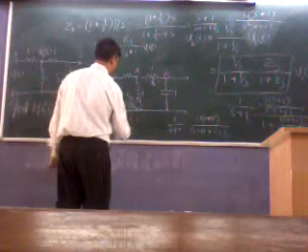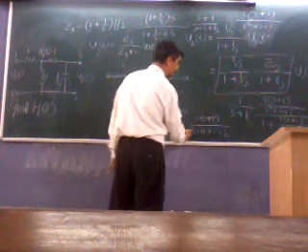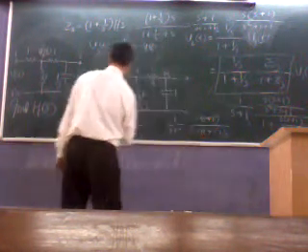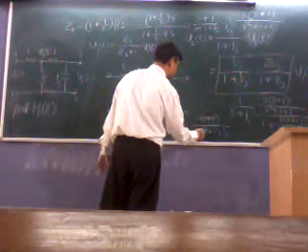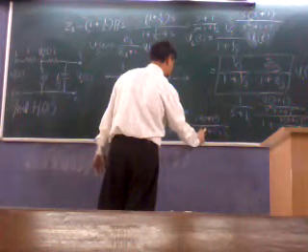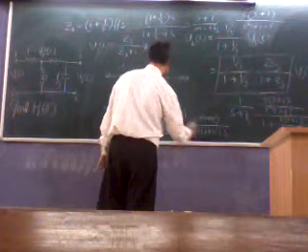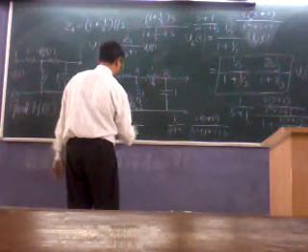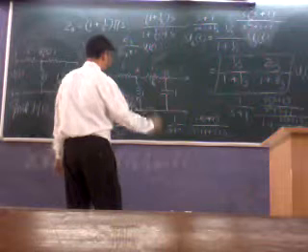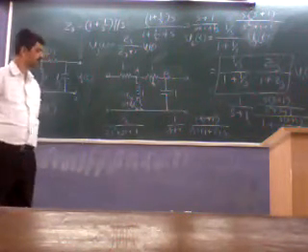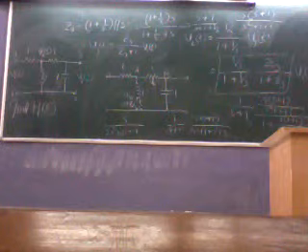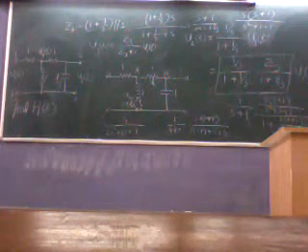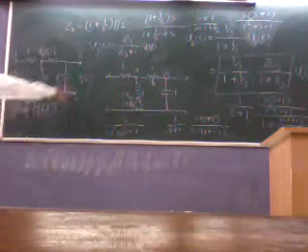So s upon s square and s square, 2s square plus s and s plus 2s. Is it right?